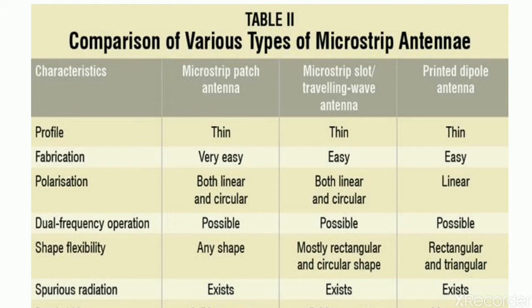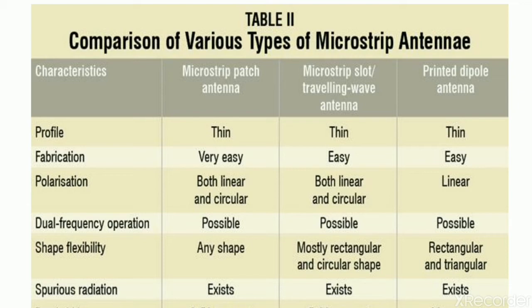The fabrication of the microstrip patch antenna is very easy compared to the traveling wave antenna and the dipole antenna. Polarization is linear and circular in the microstrip patch antenna. It's the same in the traveling wave antenna, but the polarization of the printed dipole antenna is only linear.